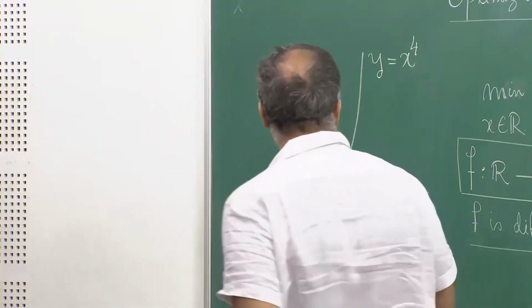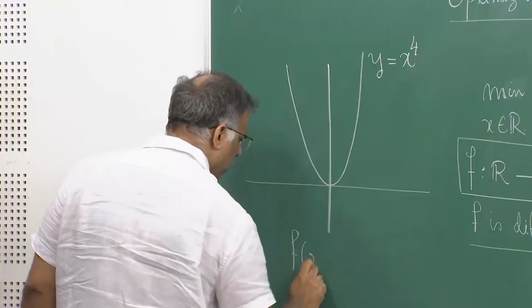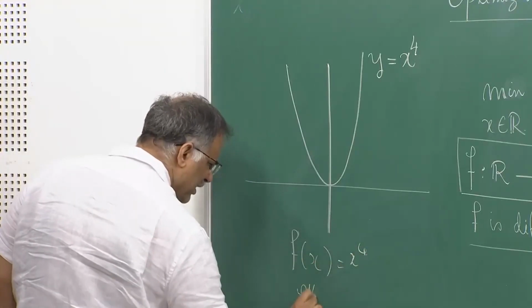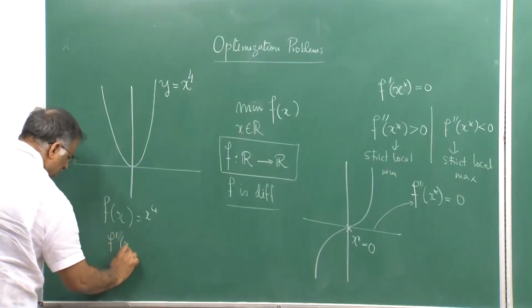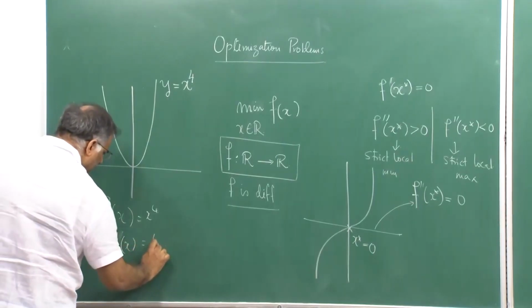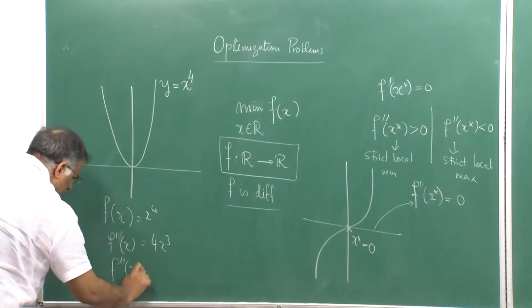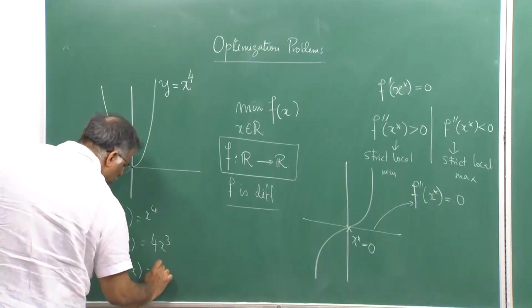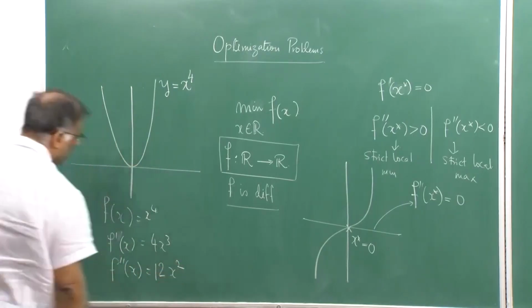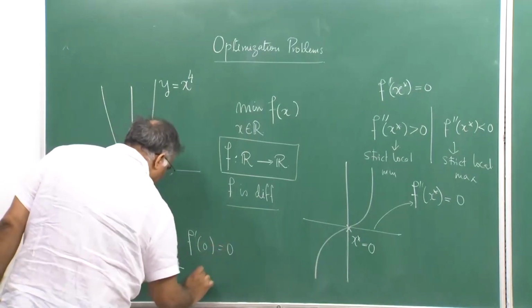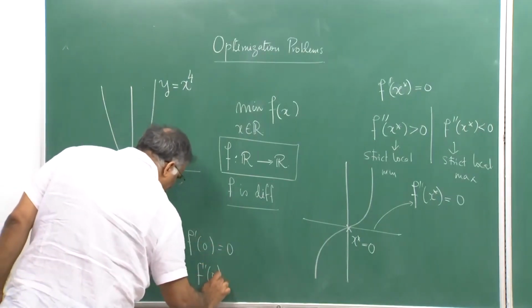So, f dash x is 4x cube and f double dash x is 12x square. So, f dash 0 is 0, f double dash 0 is 0.